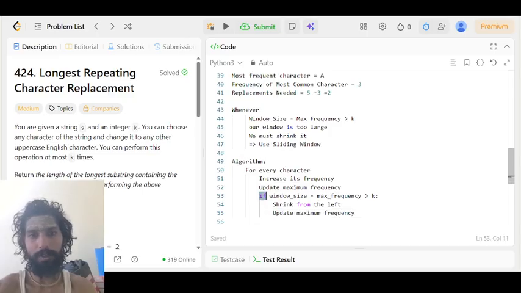So I think we need to do a while loop here. And we need to repeat until the string ends.